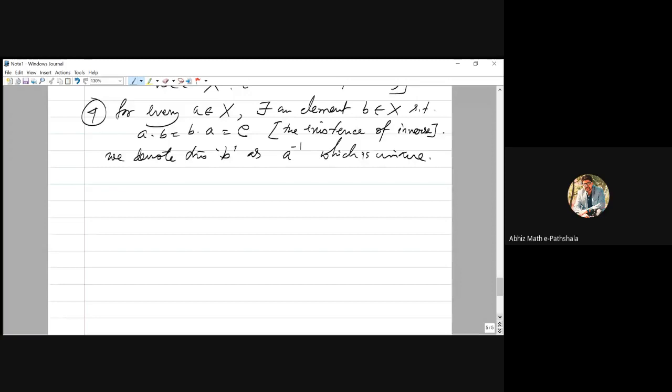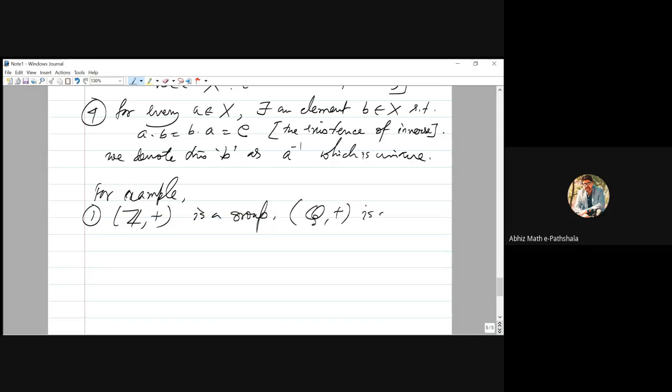Okay, fine. For example, already we have seen that Z plus is a group. You can check that Q plus is a group. You can check that R plus is a group. C plus is a group.